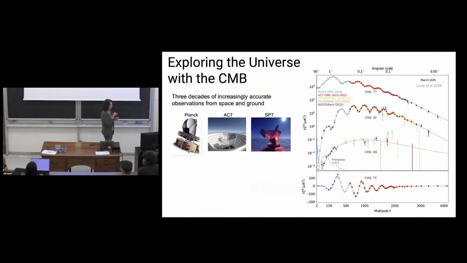Right, so we have been doing this for a number of decades now. This is a summary figure of where the field is in terms of measuring these power spectra as of March of this year. There is a collection of different observations from different experimental campaigns. We have had satellites, balloon experiments, and ground-based experiments that have been mapping the CMB.